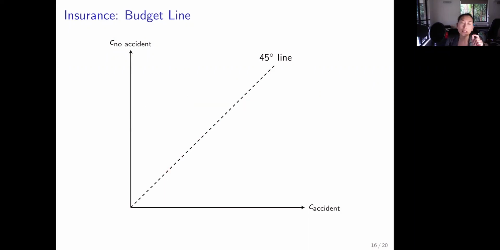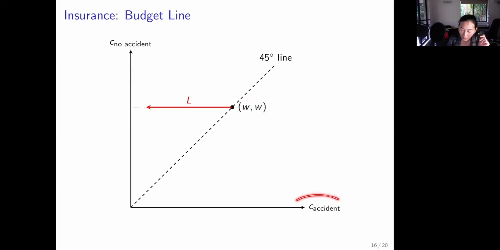So with the insurance, if you end up with the accident, you will lose the wealth by the amount of the loss caused by an accident. So you just start from the bill, right?